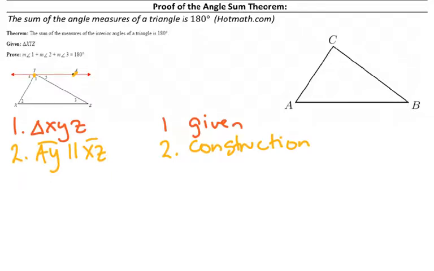The next thing I'm going to say is, looking at this triangle, what are some things that I know? Keeping in mind that my end goal is to say angle 1 plus angle 2 plus angle 3 is 180, what are some other things that I know? Because these two lines are parallel, I know some things about those two angles because they're alternate interior angles, so that might be helpful.